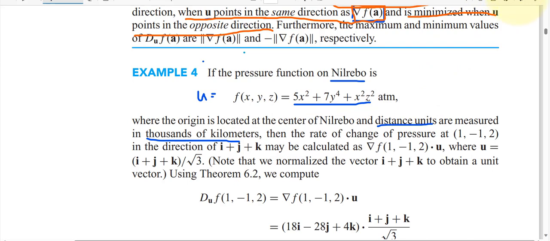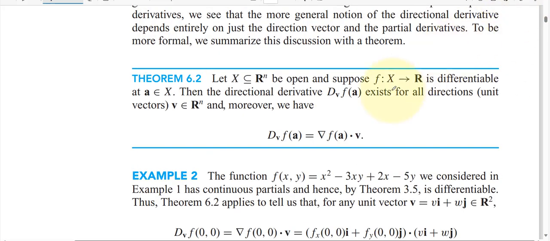So then we're using the first theorem that we saw, which said that the directional derivative in this direction is going to be the gradient at this point dot u. That's what we said earlier: the directional derivative in a direction v is the gradient dot v.